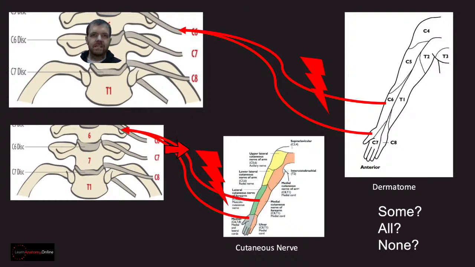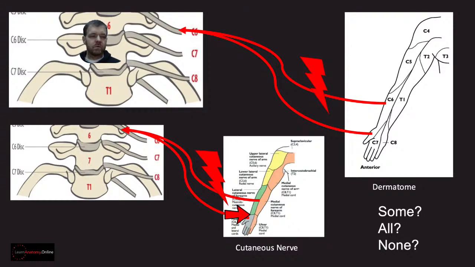Hopefully that makes sense. So if you've got this nerve here and there's a problem with that nerve, it's just going to knock out that bit of skin. But because this nerve is still functioning, then you'll still be able to feel that area there. So even though they share the same nerve root, you will only lose sensation in a specific cutaneous field.